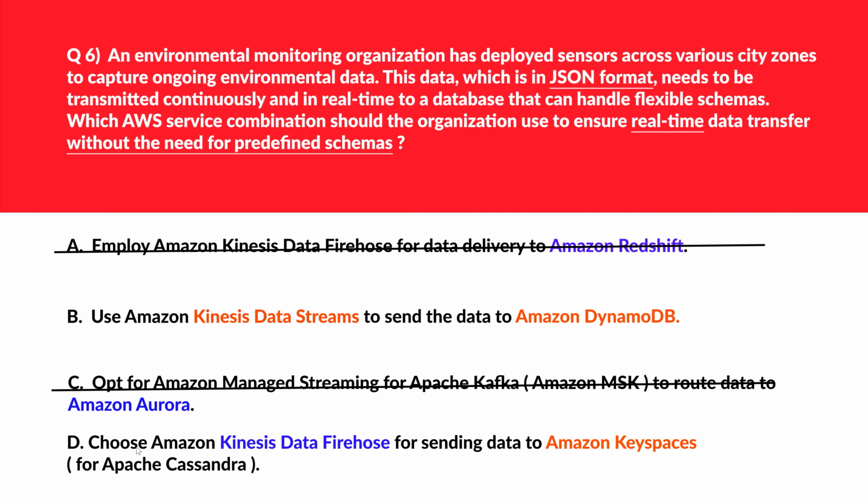Let's move to option D. D says choose Amazon Kinesis Data Firehose for sending data to Amazon Keyspaces for Apache Cassandra. While Amazon Keyspaces does support schema-less data storage, so this would suffice this part of the question, the use of Amazon Kinesis Data Firehose is not the best fit for real-time data processing, as Kinesis Data Firehose is most suited for batch processing.